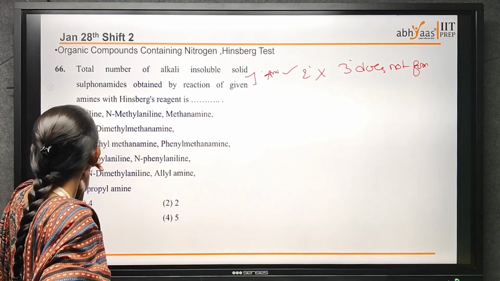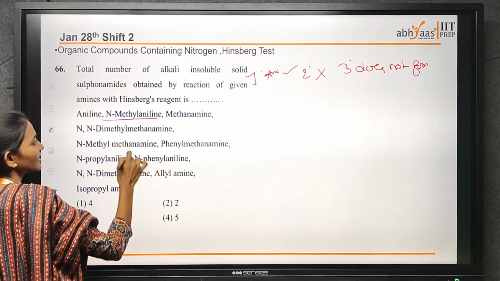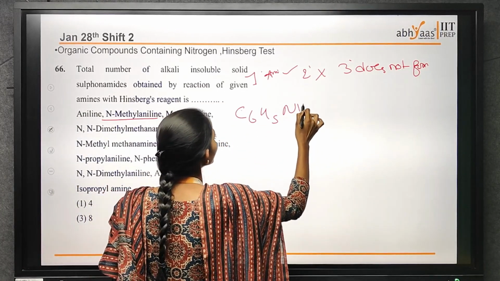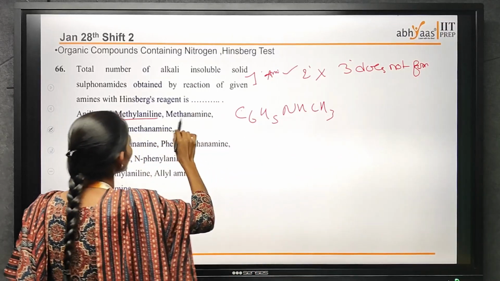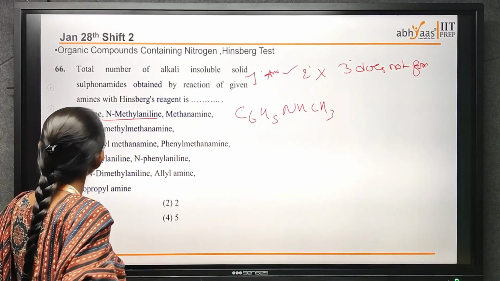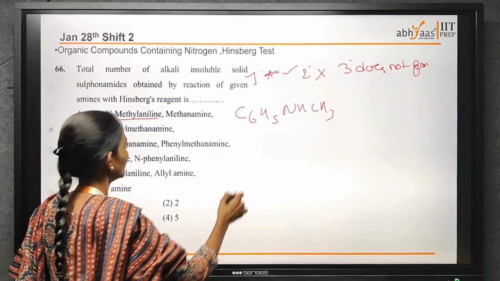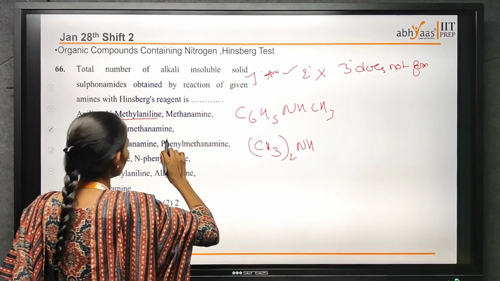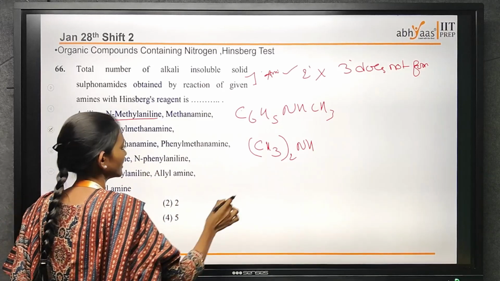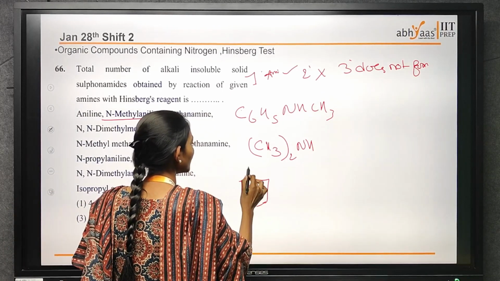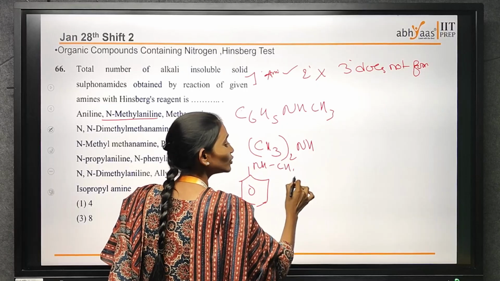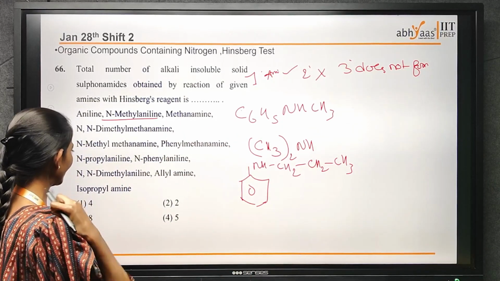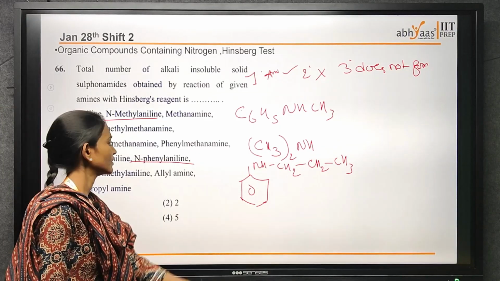If you see here, aniline, yes, and methylaniline, C6H5NHCH3, yes, and dimethylamine, CH3 taken twice NH, no. Phenylmethanamine, yes, and N-propylaniline, NHCH2CH3, propyl, need not, and phenylamine, yes, this will be our answer.